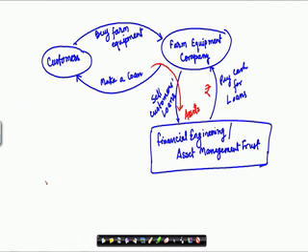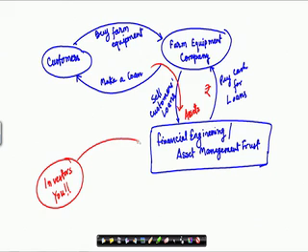Now, since the financial engineering or asset management company is another business organization, it can also raise money from investors. Suppose there is another set of investors, let us say people like you and me, who have some spare funds that can be invested in different investment instruments. So, the financial engineering trust or asset management trust will sell securities in return for the cash.